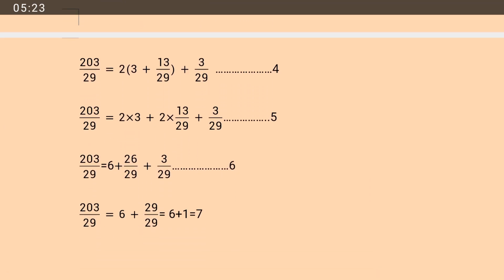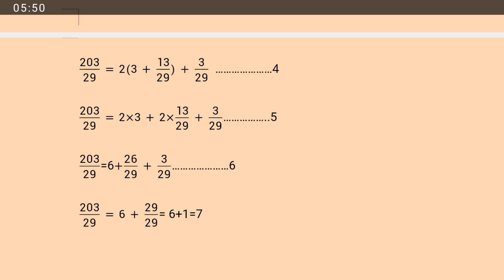We said 2 times 100 over 29, and the 100 over 29 is the same thing as 3 plus 13 over 29. So the 2 will multiply everything in that term. So it becomes 2 open bracket 3 plus 13 over 29 close bracket plus 3 over 29.